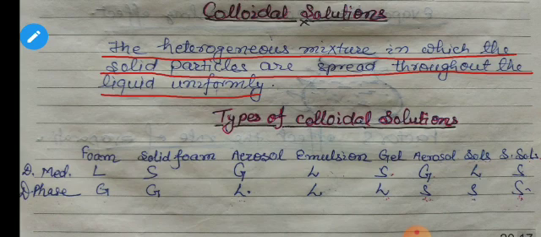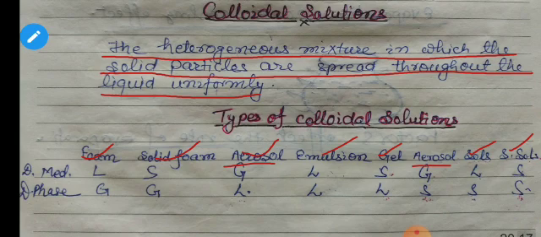Out of 8, you can see aerosol has been written twice. If we subtract 1, that means 7 types altogether: 1, 2, 3, 4, 5, 6 and 7 types of colloidal solutions.